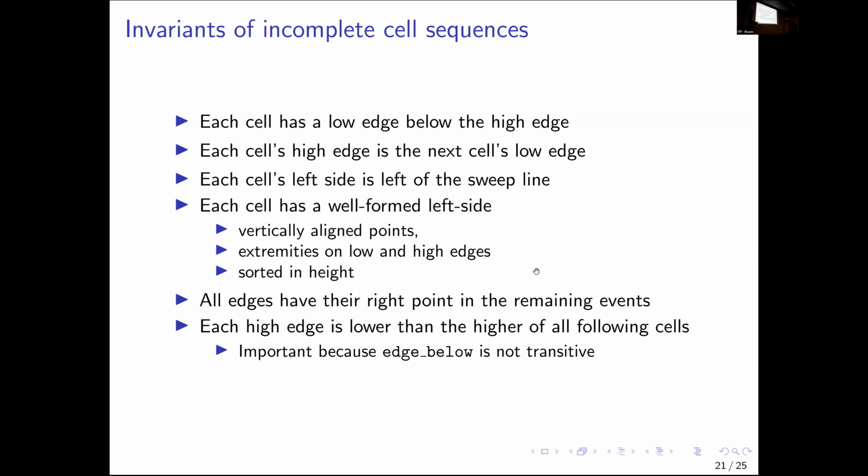But I discovered there was something stronger that was useful, which is the fact that every edge is below all the edges that come later in the sequence of high edges. So I don't need to have this transitivity property, because of the conclusion that I would draw from it.